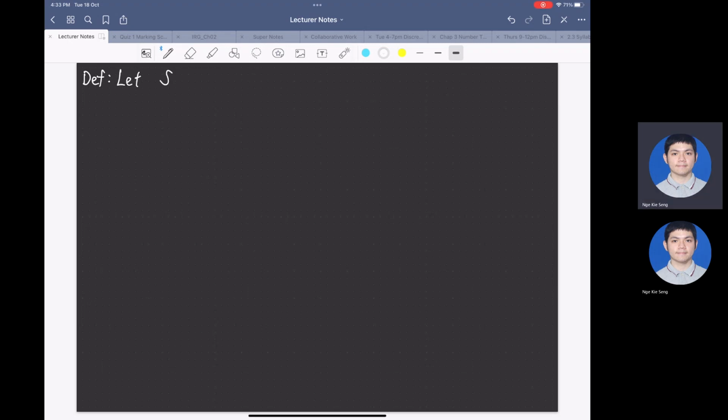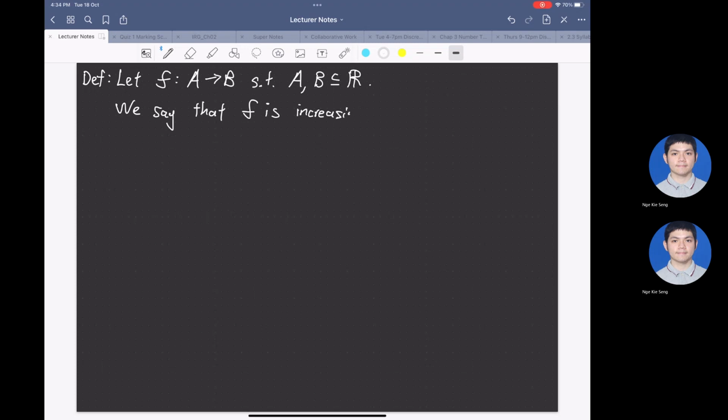Let f be a function from A to B such that A and B are subsets of R. I use all the notation we learned last time, and we say that f is increasing if f(x) is less than or equal to f(y).